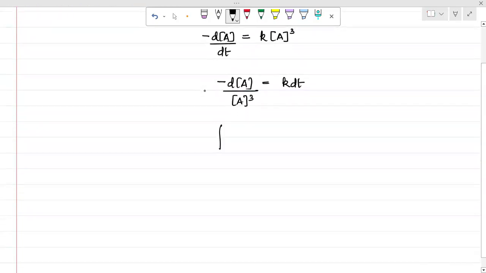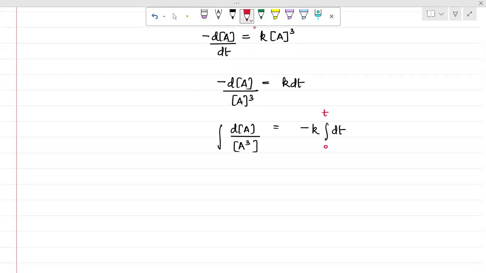If I want to integrate dA by A cube, taking my minus to the other side, integrating dt, limits are from 0 to t, concentration changes from A naught to A. Okay, till here we are good. Now, what is this?